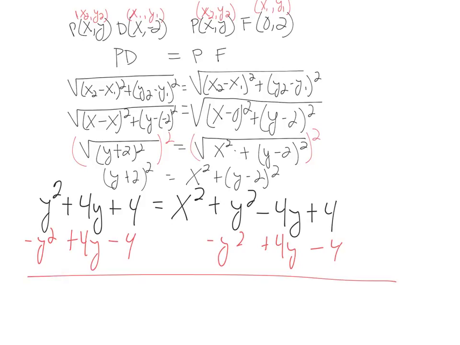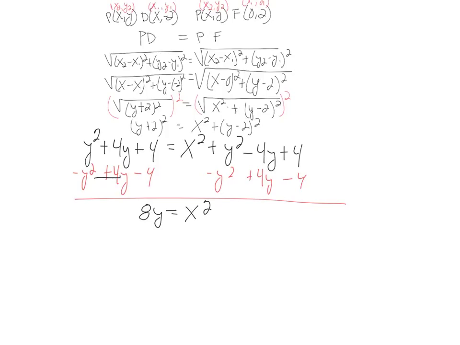When you do this out, you should get 8y equals x squared. Now all we have to do is get y by itself, so we divide both sides by 8, and you'll get y equals 1/8 x squared. So there you have it. We have the function that we want.